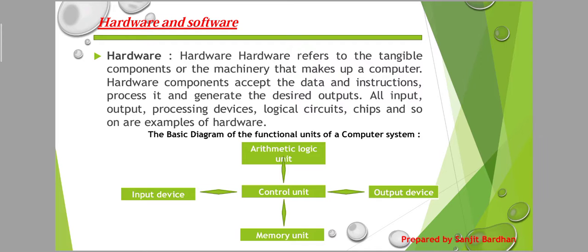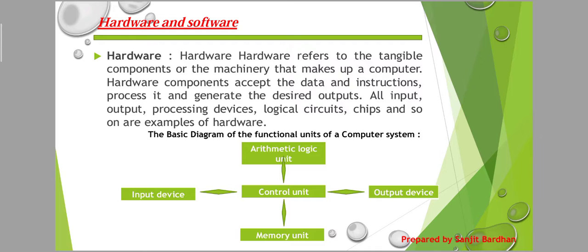That means we input some data, the hardware will accept it and process it, then it generates a desired result. All output, input, processing devices, logical circuits, chips and so on are examples of hardware.